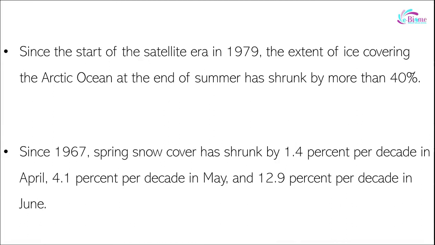Since the start of the satellite era in 1979, the extent of ice covering the Arctic Ocean at the end of summer has shrunk by more than 40%. Since 1967, spring snow cover has shrunk by 1.4% per decade in April, 4.1% per decade in May, and 12.9% per decade in June.